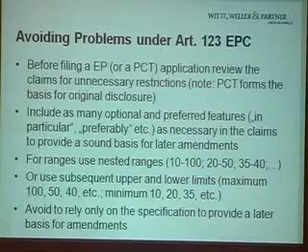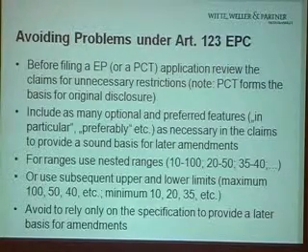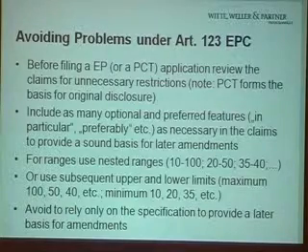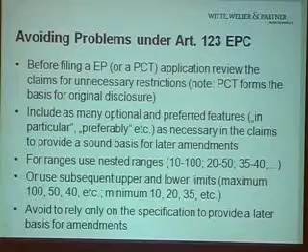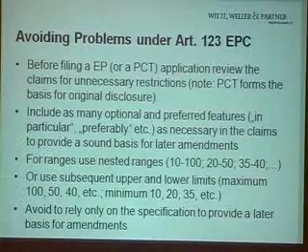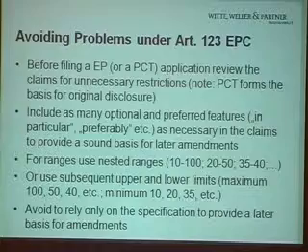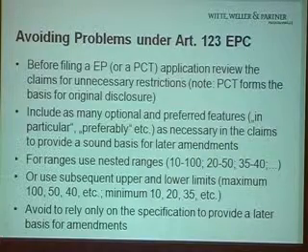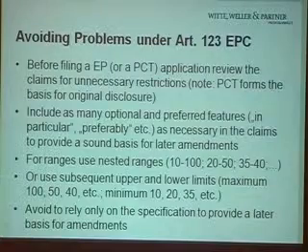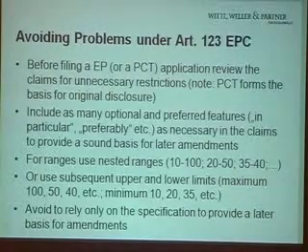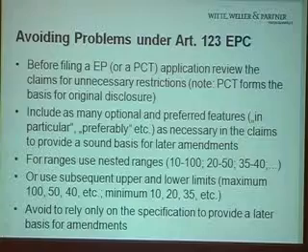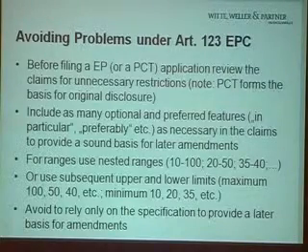Because the PCT sets the scope for the original disclosure, you have to take into account what you draft in your PCT application. So you should include as many optional and preferred features as possible. You may use "in particular", "preferably", etc., as necessary in the claims to provide a sound basis for later amendments.